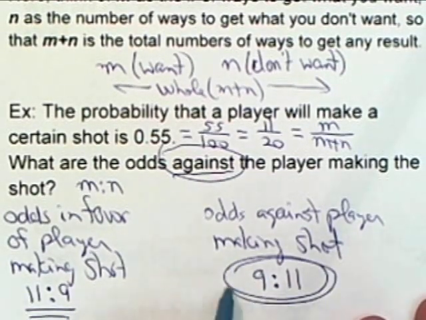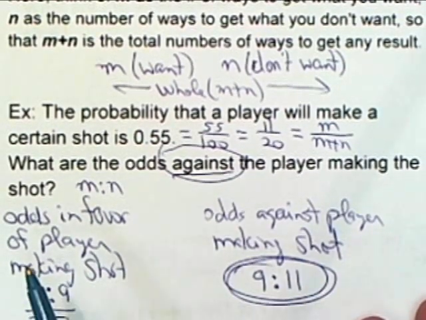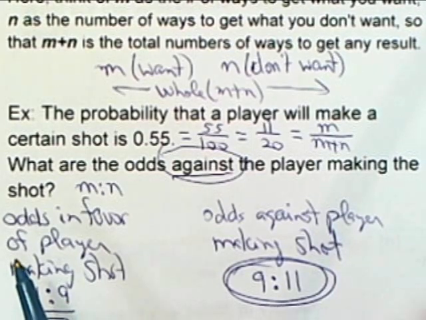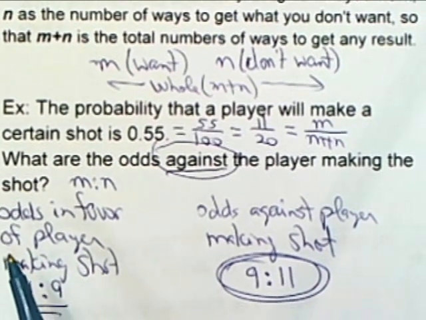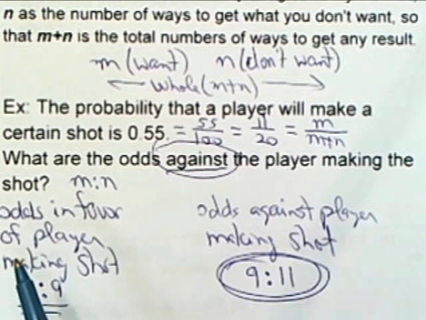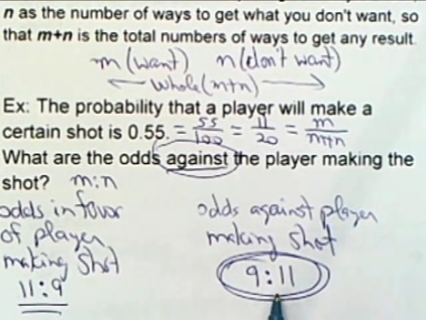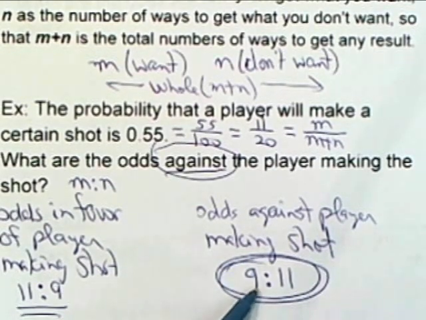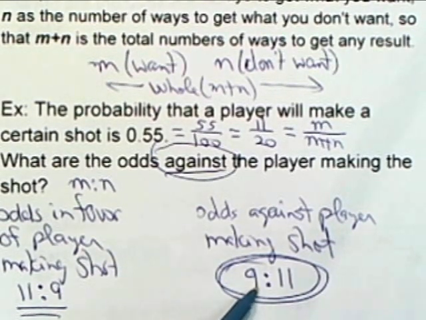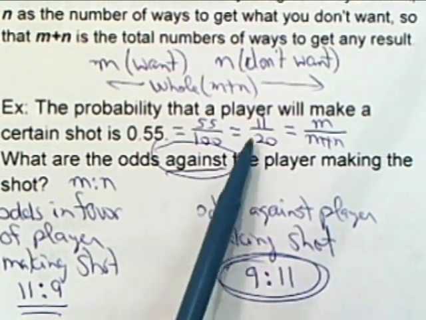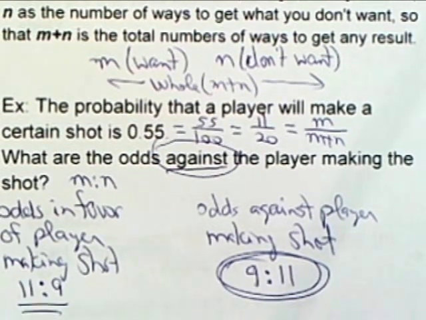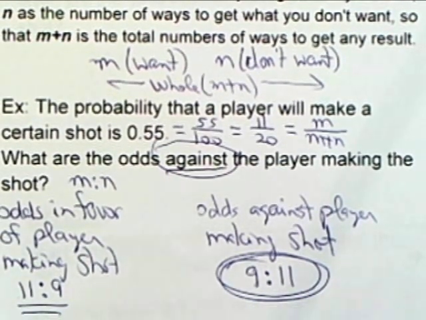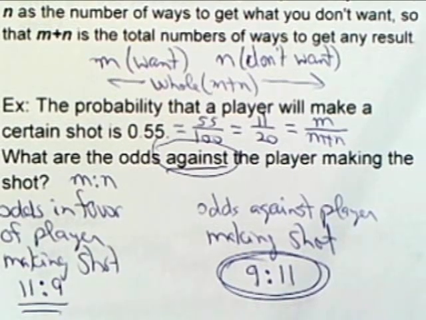And that's the actual answer to the problem for odds against. Now just remember, I could turn that back into a probability very easily by taking the 9 to be the numerator for the odds against, and 9 plus 11, which is 20, as the denominator, and it'd be back to a probability again.